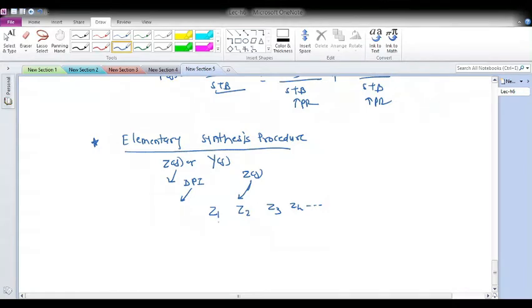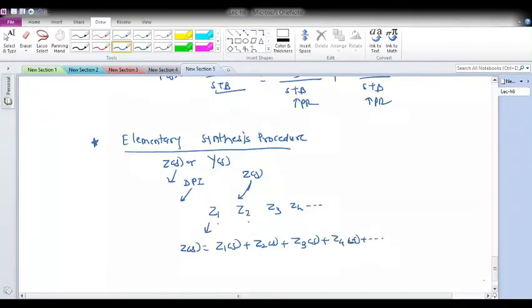Okay, and if Z1, Z2, Z3, Z4 will be PR because Z(s) is PR, then you can synthesize Z1, Z2, Z3, Z4 individually. Because ultimately, the elements of the overall network where the DPI, that is driving point impedance, is Z(s), you can break up in this way: Z1(s) plus Z2(s) plus Z3(s), etc., plus Z4(s), like this.